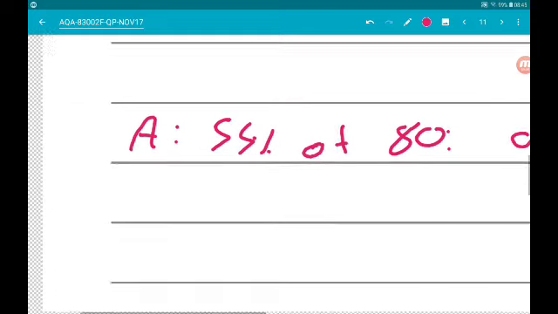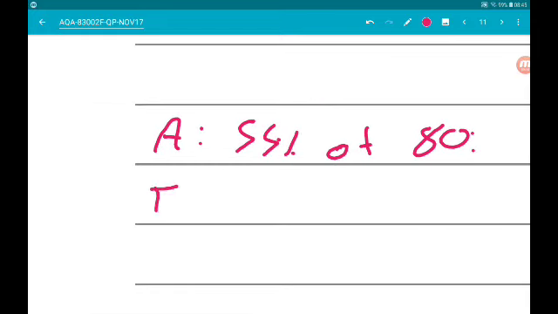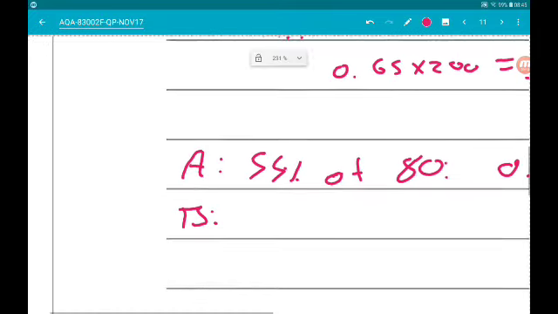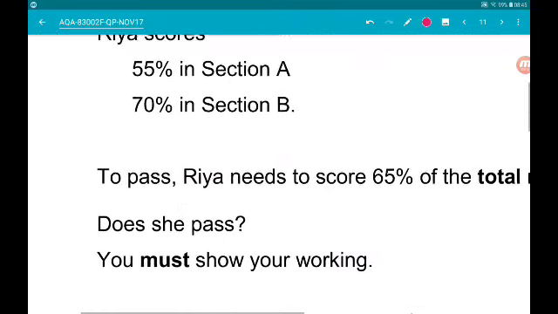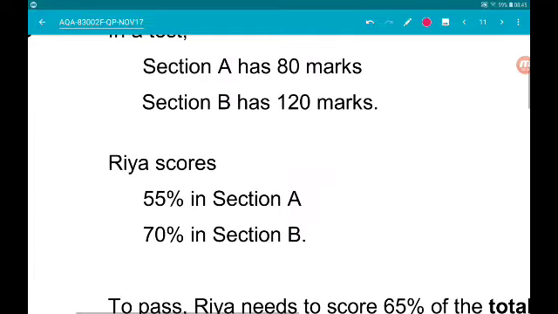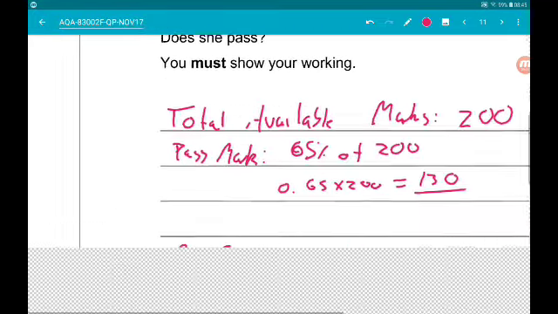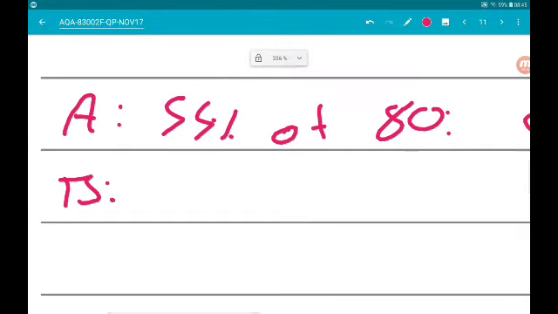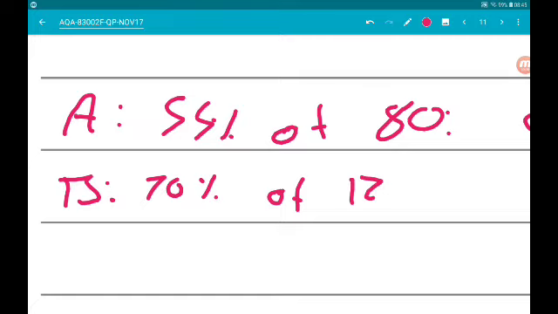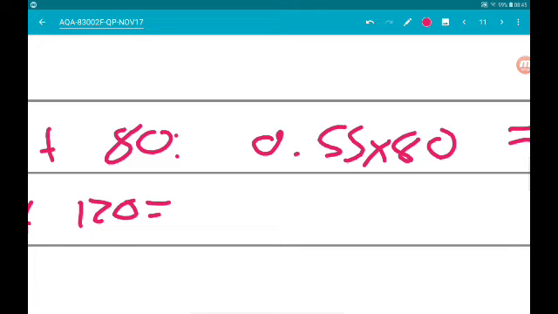In section B, there were 120 marks and she scored 70. So 70% of 120. So for that, we would do 0.7 or 0.70 times 120.